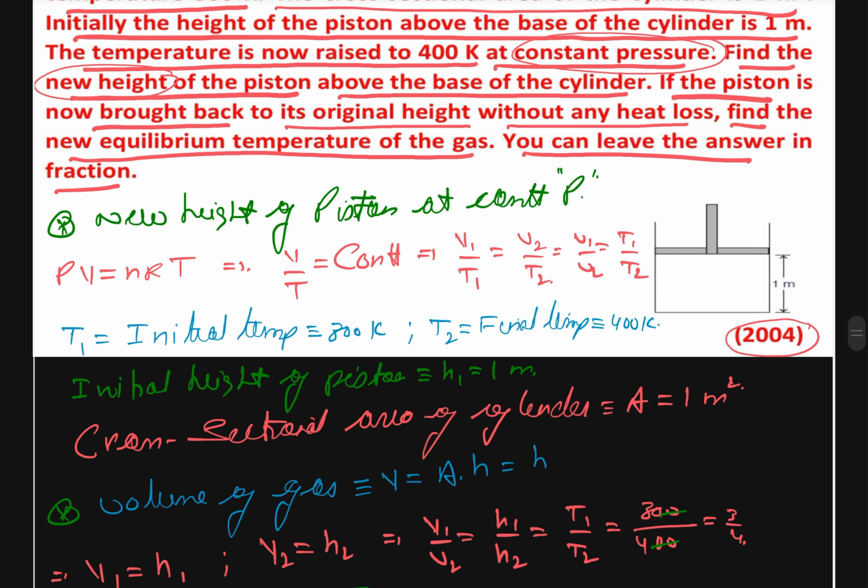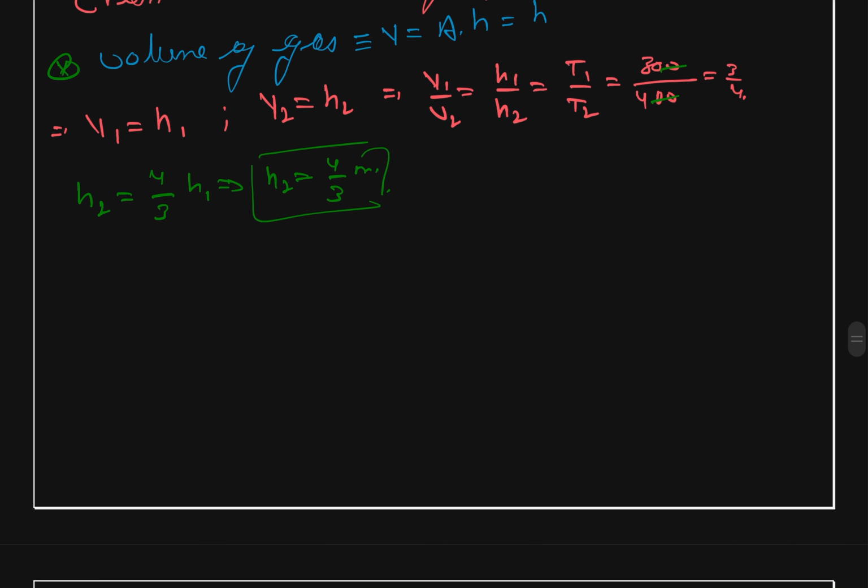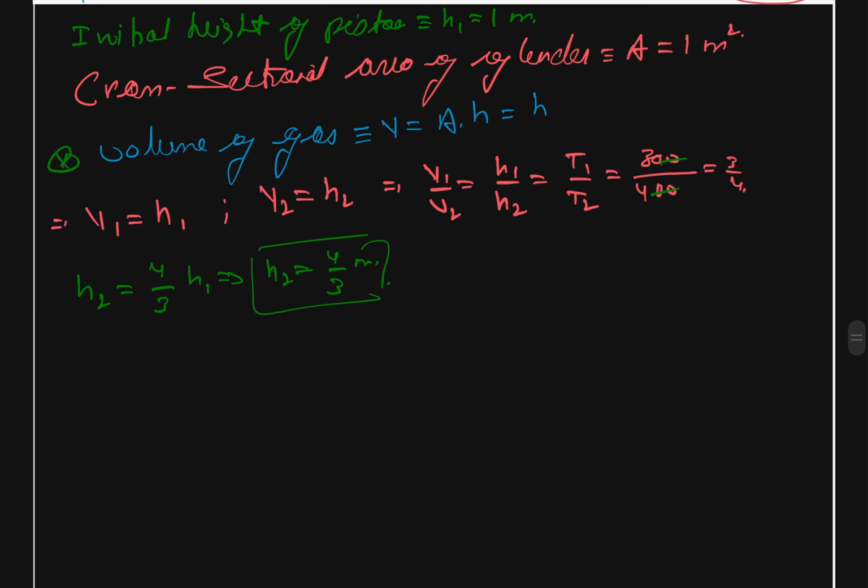Second part says that it is brought back to original height, which was H1, without any heat loss. Okay, so basically which is our adiabatic process, and we have to find out the new equilibrium temperature of the gas.